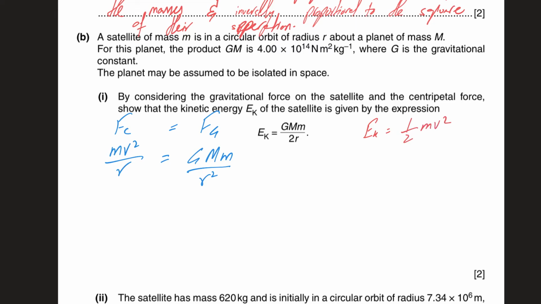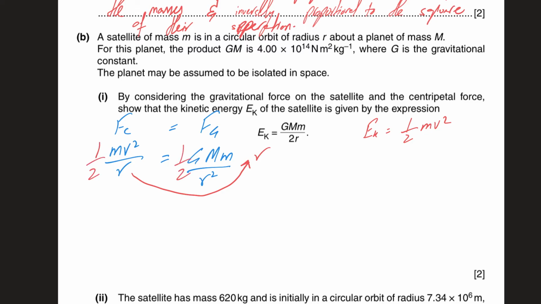So if we can get half mv squared on this side of the equation, I can replace that with Ek, or kinetic energy. What I'll do is multiply r to both sides of the equation, and I'll also multiply half to both sides.